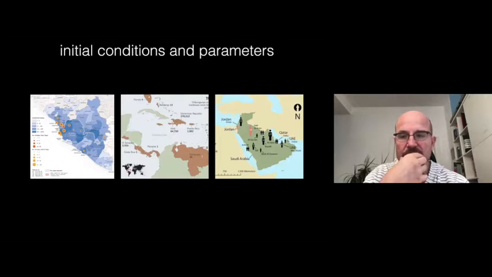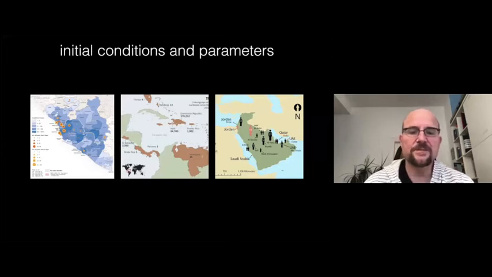One of the things that modelers are always confronted with is that even though there are many models that seem to be working quite well in terms of describing the actual spread of an epidemic, when there's a new outbreak like COVID in Wuhan, usually in the beginning, if it's a new virus, we know little about the virus. We know little about how long people are infectious, what the recovery rate is, what the reproduction ratio, and other disease-specific parameters are.